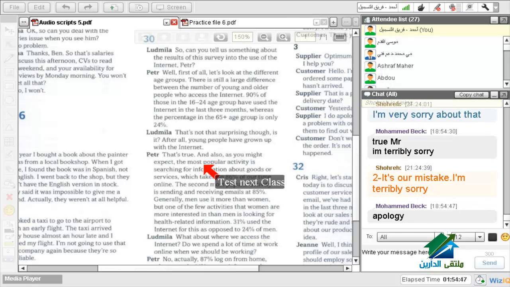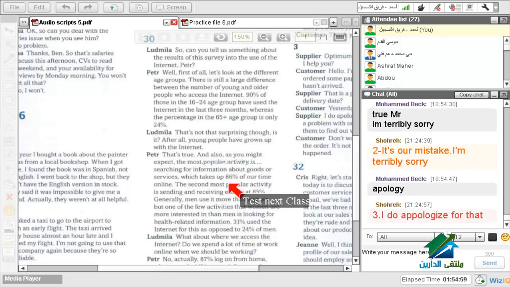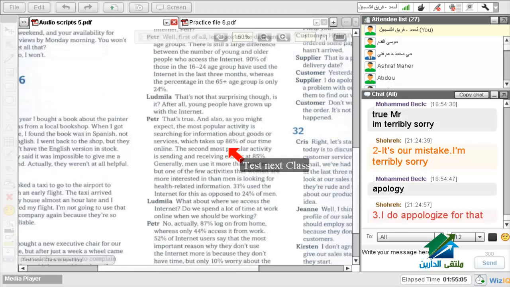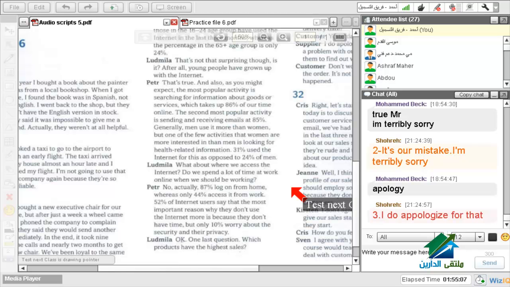These expressions, you need to know all of them to use them, inshallah, when you are dealing with your customers. Number 3, I do apologize for that. Right answer.